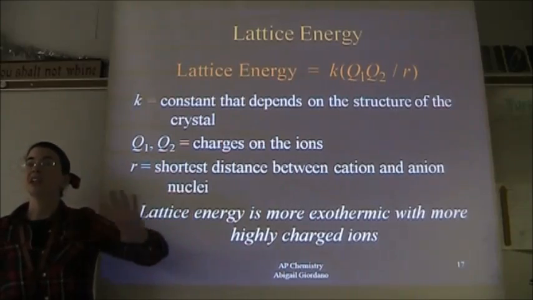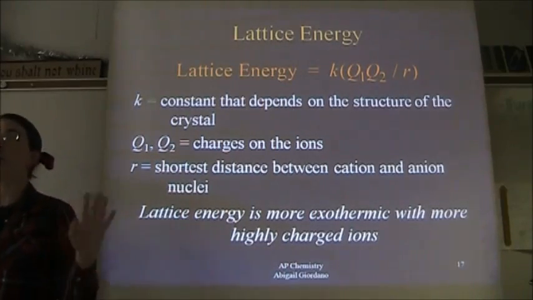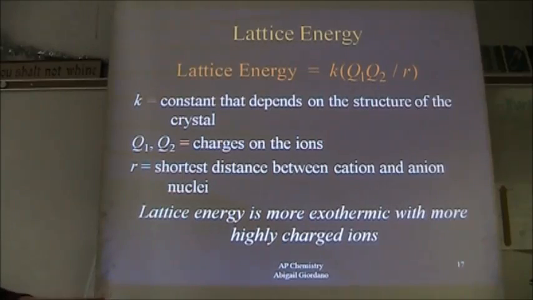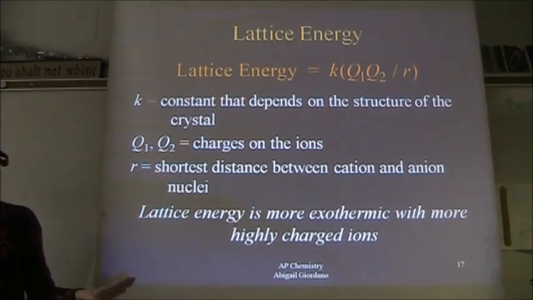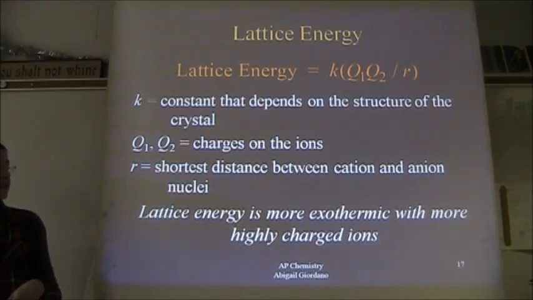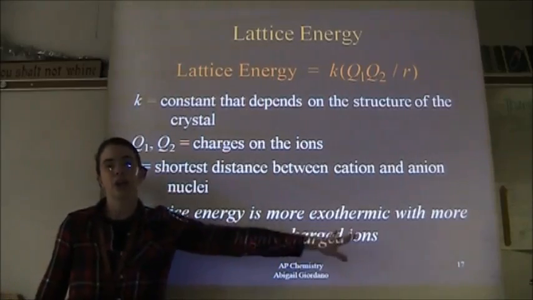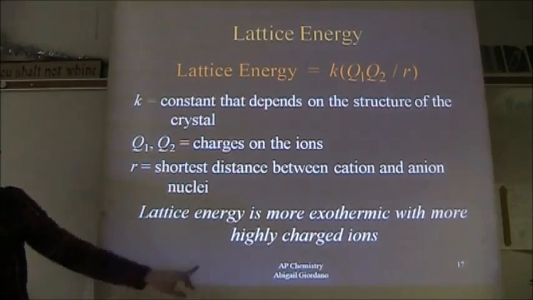If the statement said something like this, aluminum chloride has a higher melting point than sodium chloride, you would say something about the fact that aluminum chloride contains more highly charged ions.